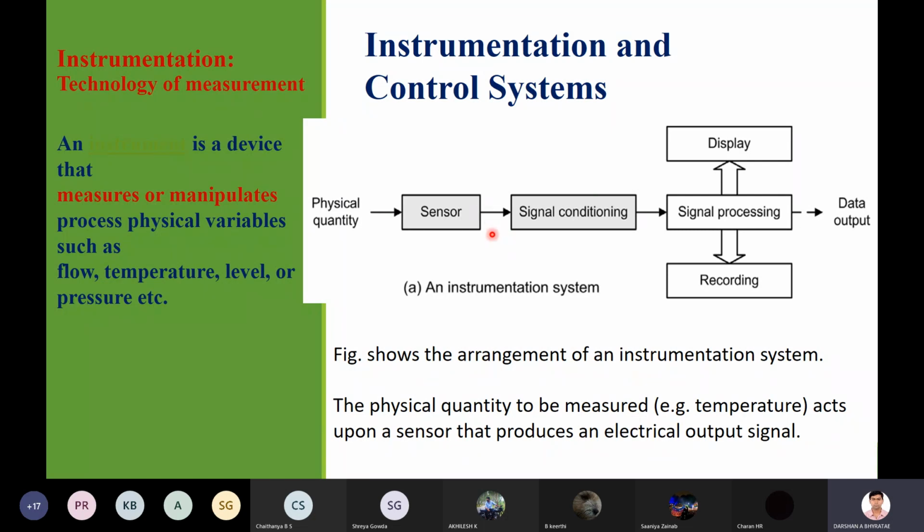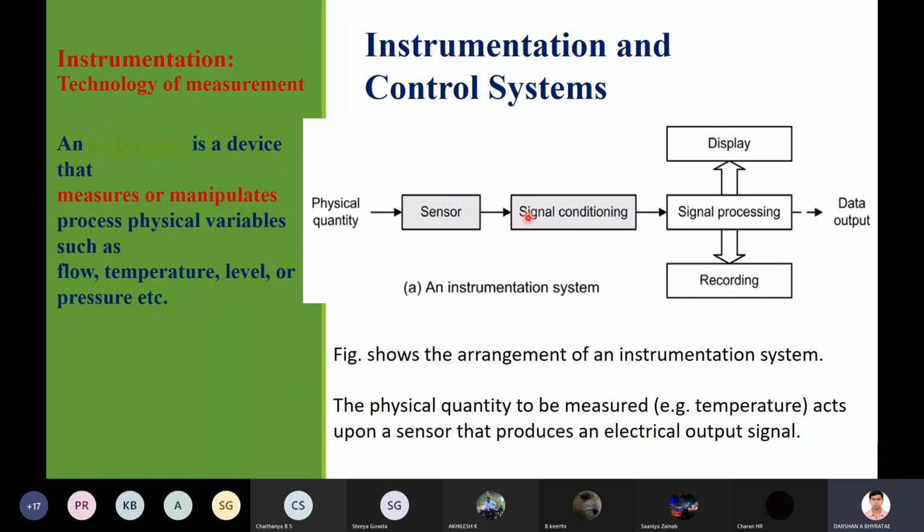If it is greater than 5 millivolts, then it goes to signal processing. Signal processing may be in order to display the value, to send a data output, or for recording. Recording is to store the value into the memory here.